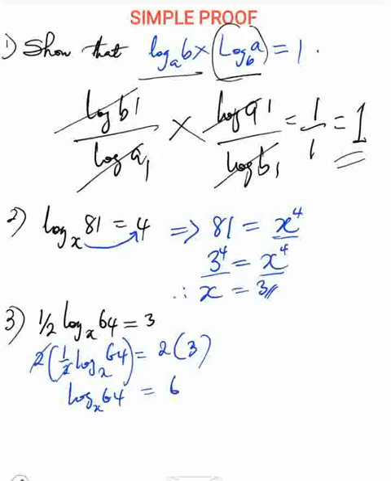Remember how we change logarithm to the index form and index form to logarithm form. So we can simply say 64 will be equal to what? X will go and take this as a power. That is x raised to the power of 6. Now, the question is, what number can we raise to the power of 6 to give 64?